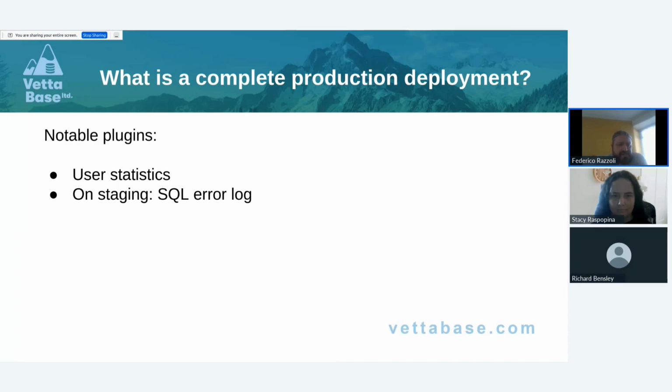Couple of notable plugins that I think it's worth installing in many cases. User Statistics will provide you with some statistics about how the tables are used, how many read rows or written rows for each table, and how much CPU time every user is using, and so on.